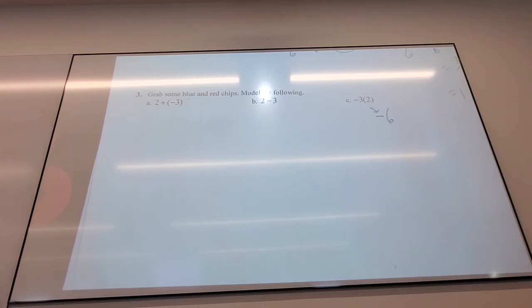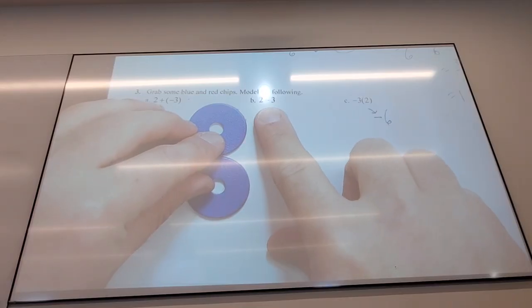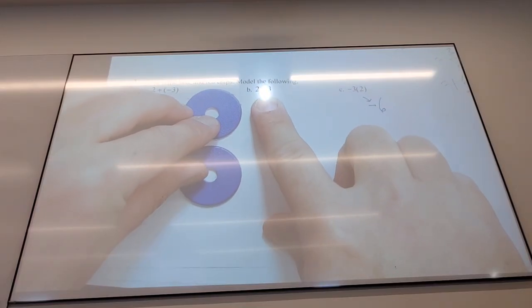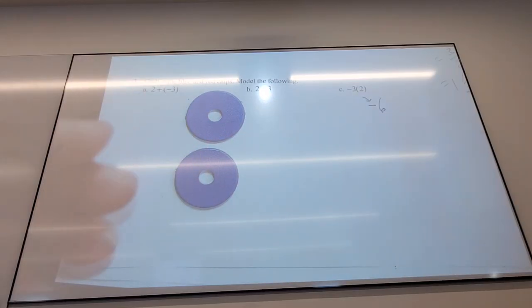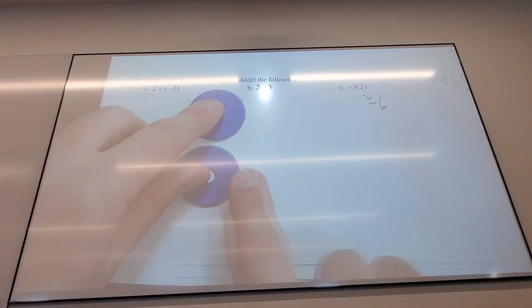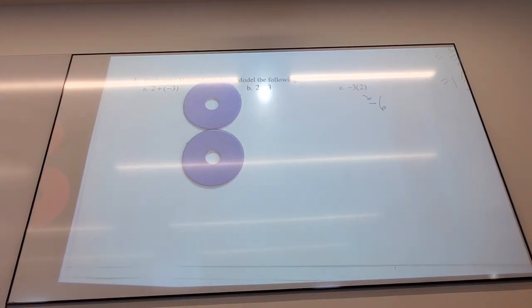There it is. So 2 minus 3 is literally taking away 3, which is why mathematicians of old had trouble with this. They didn't believe this was a real thing. They didn't accept this, and now we do this all the time. My bank does it all the time. So I got 2, and I'm supposed to take 3 away from that. So what do I do?